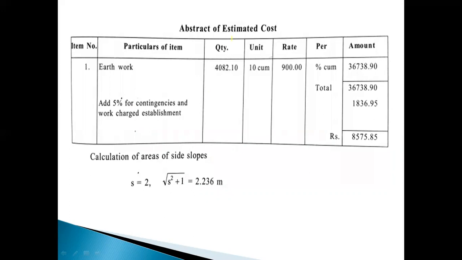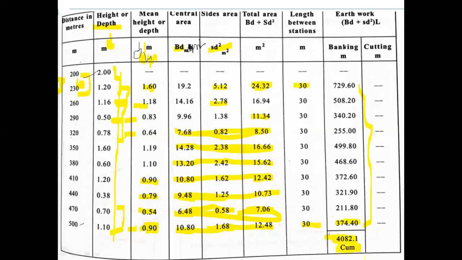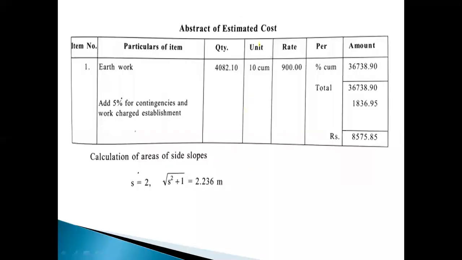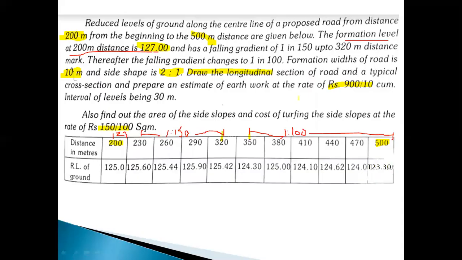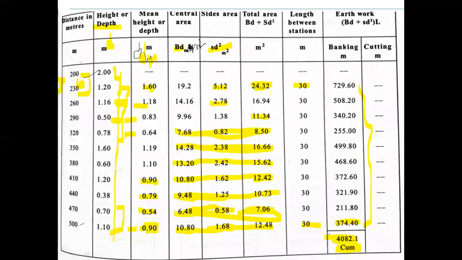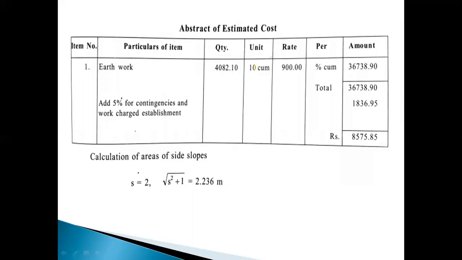So here the only item is earthwork, with quantity 4082.10. The unit rate is given: 10 cubic meters for 900 rupees. So 900 rupees per 10 cubic meters. The total cost for 4082.10 is 36,738.90 rupees.